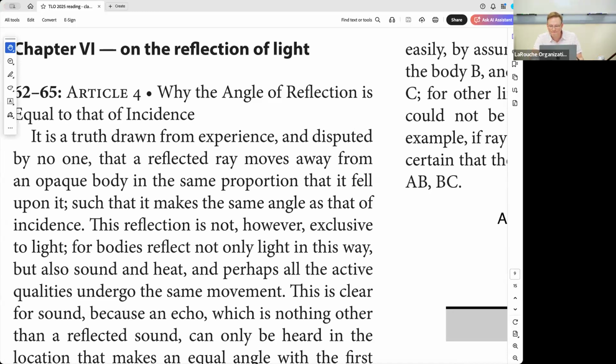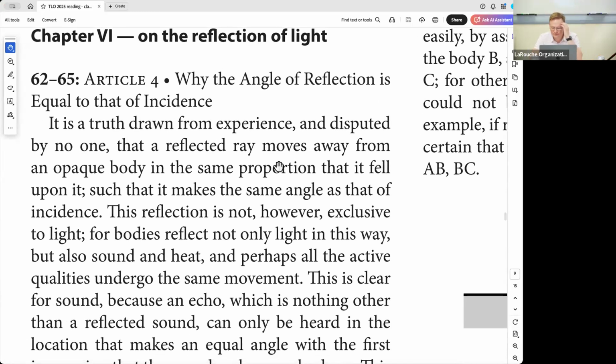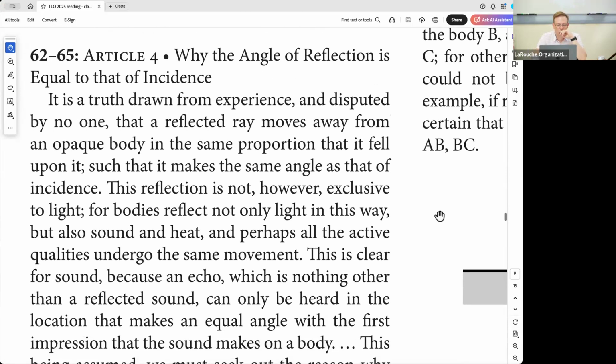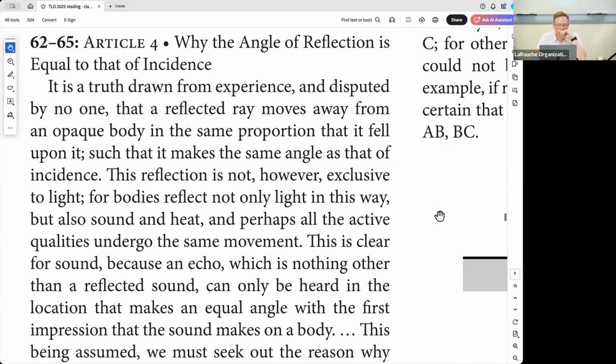Go ahead. Okay. Chapter 6, on the reflection of light. Why the angle of reflection is equal to that of incidence. It is a truth drawn from experience and disputed by no one that a reflected ray moves away from an opaque body in the same proportion that it fell upon it, such that it makes the same angle as that of incidence.